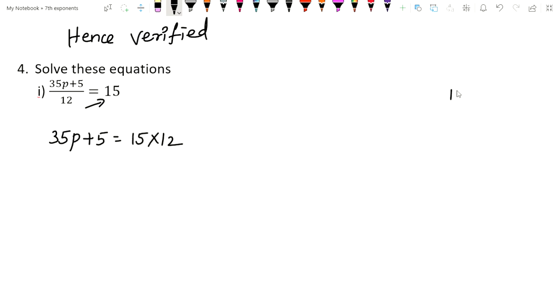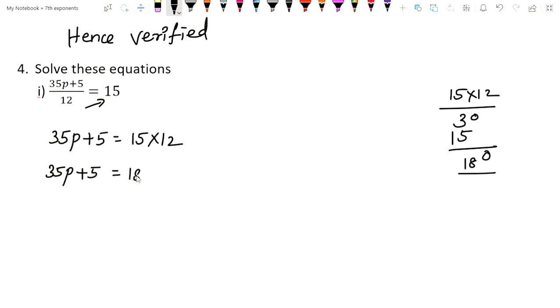Multiply this 15 into 12. 2 5s are 10, remaining 1. 2 1s are 2, 2 plus 1 3. 1 5s are 5, 1 into 1 1, 0, 8, 1, 180. So 35p plus 5 equal to 180.